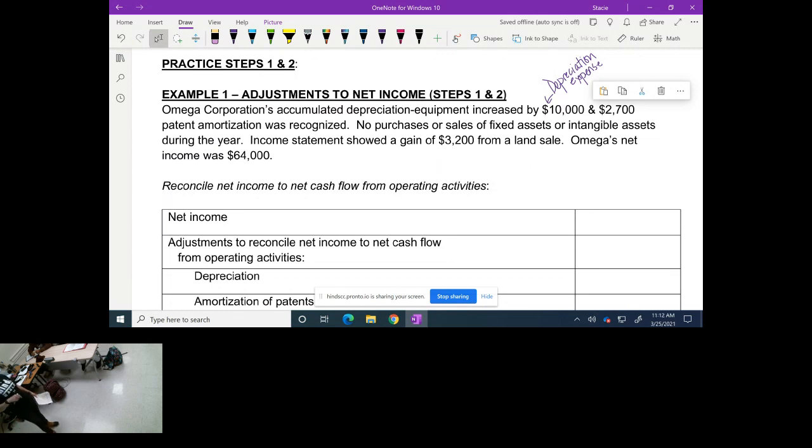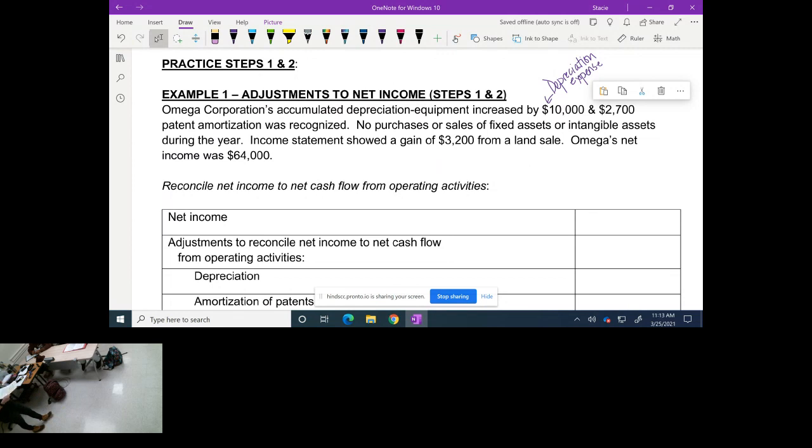$2,700 of patent amortization was recognized. I don't know if we even did any intangibles in accounting 1. But amortization is like the equivalent of depreciation for things like a patent, which is a right. It's intangible. You can't touch it. You might have a piece of paper that backs it up, but you can't really touch your right to this.